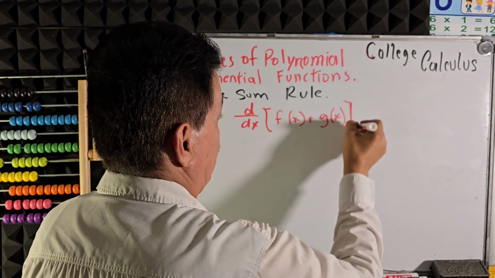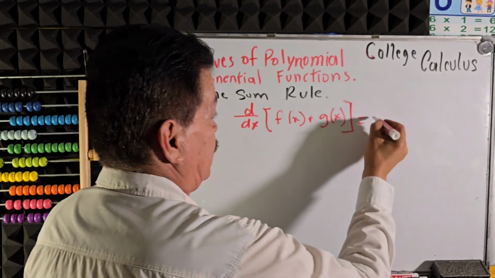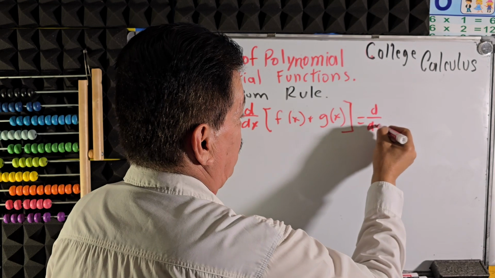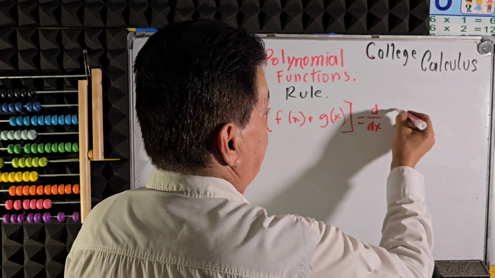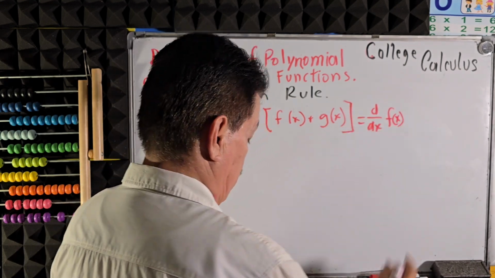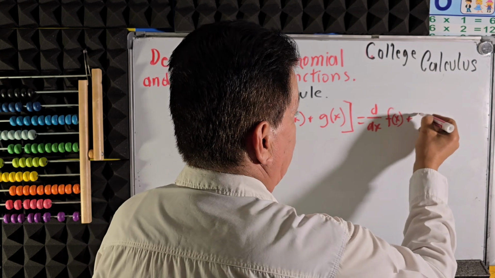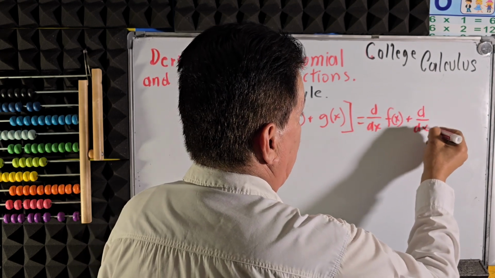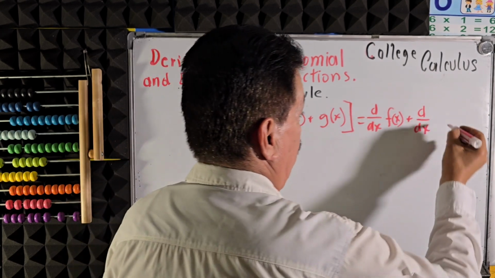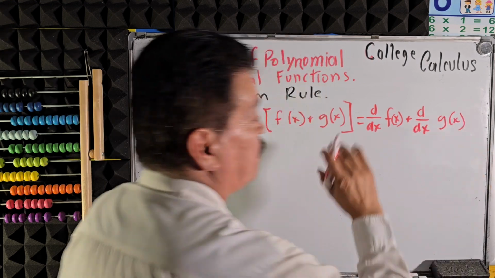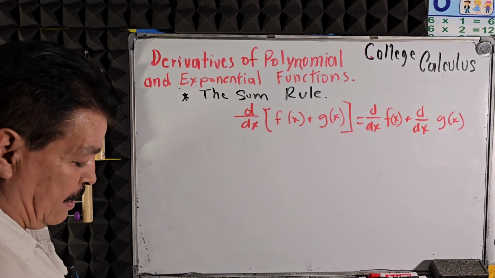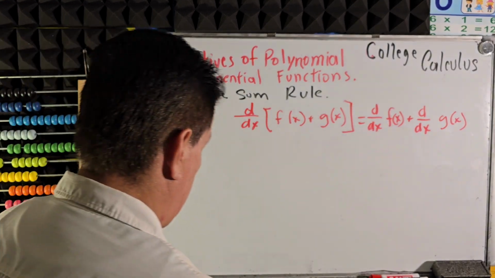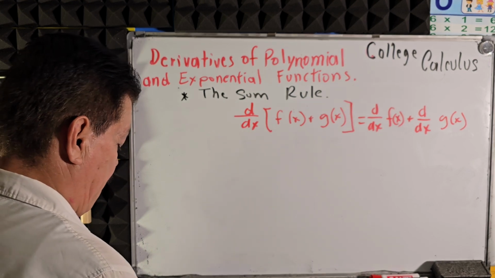Okay, very, very easy. Equals d divided by dx of f of x, plus the same thing, d divided by dx of g of x. See, it's addition, and this is the sum.